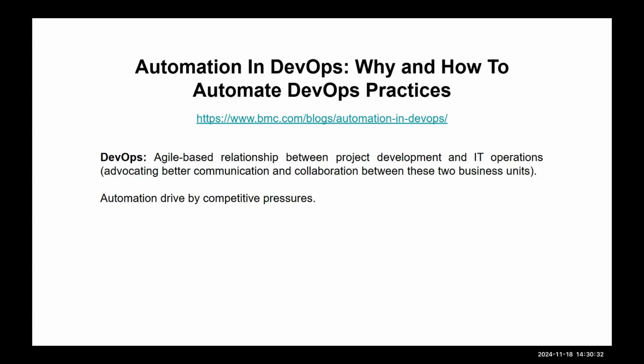And so in DevOps, we can observe that automation is driven by competitive pressures. So when you have a DevOps team, you have these two disparate skill sets coming together. They need to solve problems for the larger organization. They have to do it quickly, and they have to do it in a competitive way. So they really need to use automation to do that.